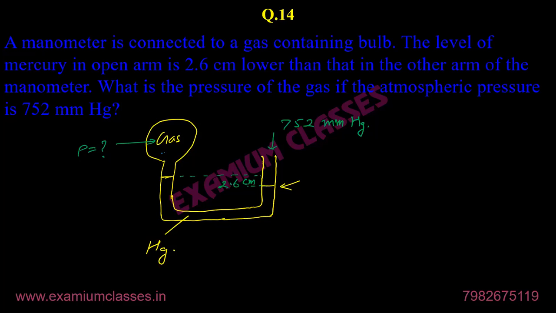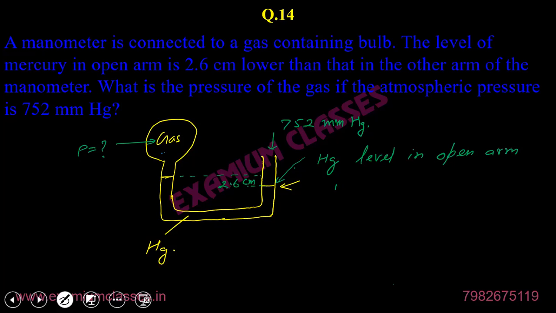Anyway, you can try. Okay. However, this is very easy. Listen here. Now, as the level here is low, mercury level in open arm is low.